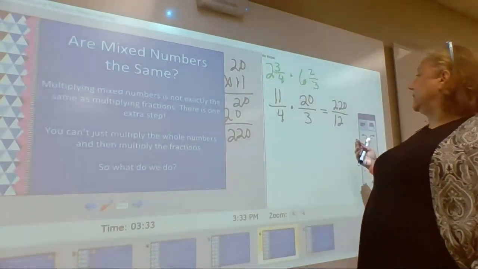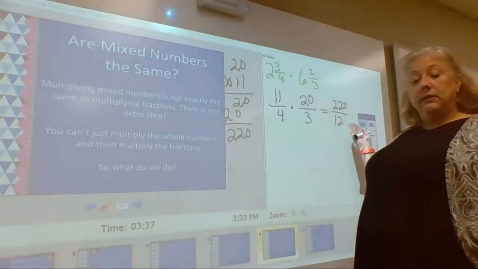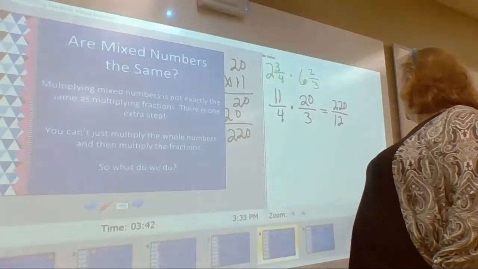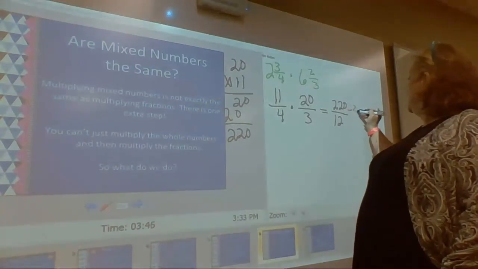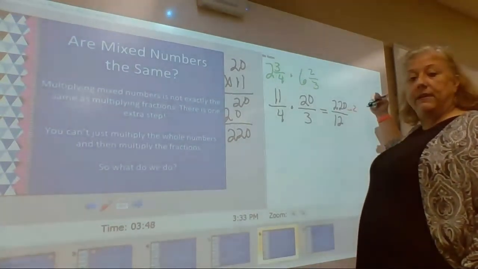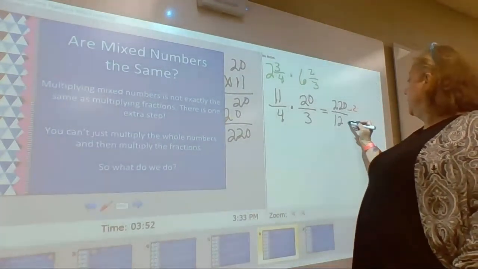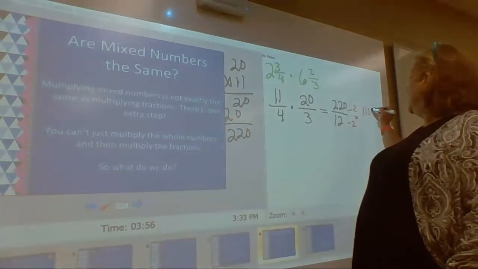Well, we know that both of these numbers are divisible by 2, because they're even numbers. If I divide this by 2, remember, whatever I do to my numerator, I have to do to my denominator. Well, that's going to give us 110 over 6.